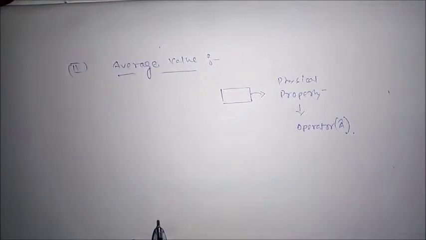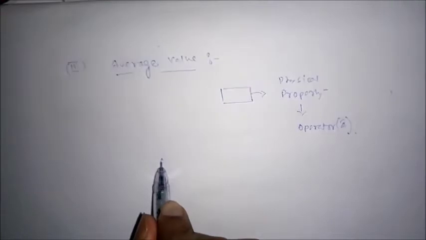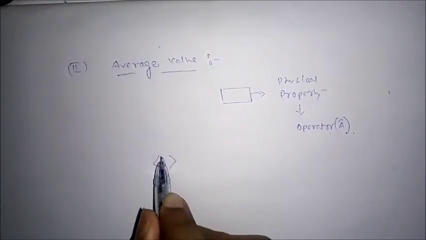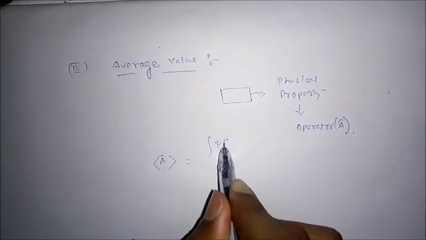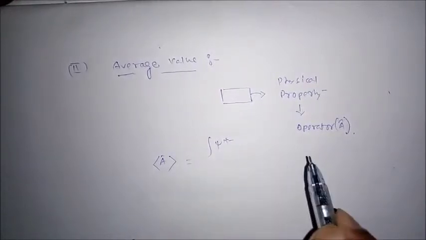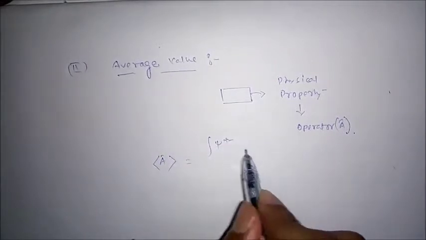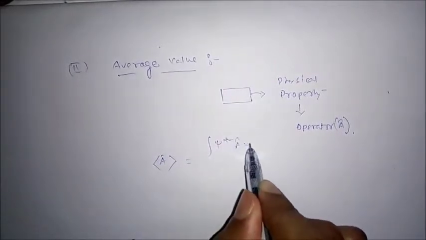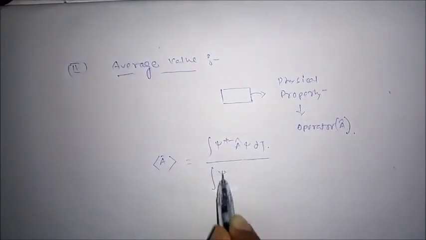Okay, and the average value of this physical property is given by the expression integral of psi star A cap psi d tau divided by integral of psi star psi d tau, where psi is the wave function of the quantum mechanical system.